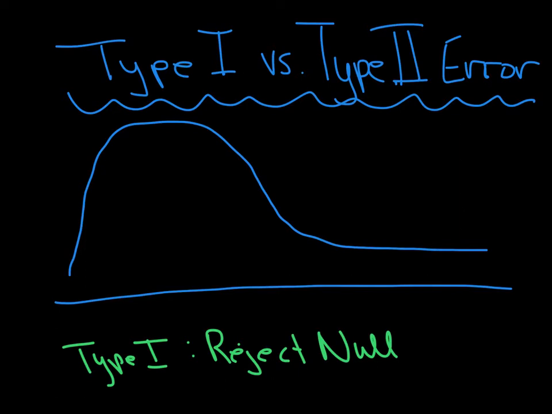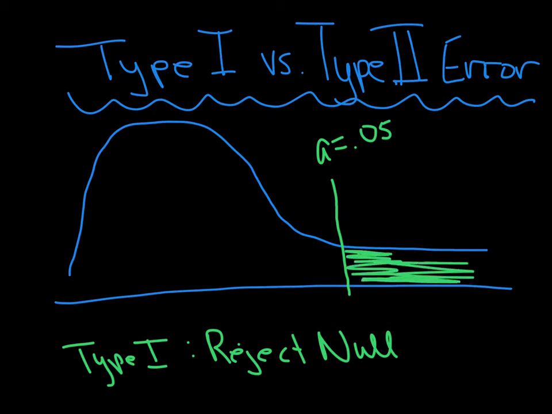So let's just say we are conducting an analysis, and here is our critical boundary. Okay, and this is when we're setting an alpha of 0.05. So that means that 5% of the probable data is in the tail.